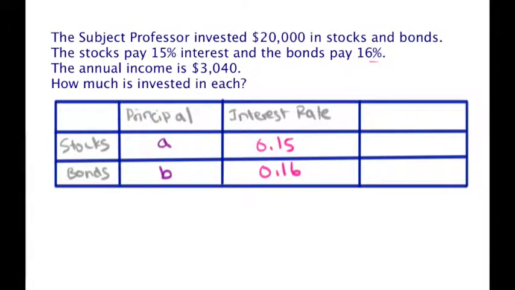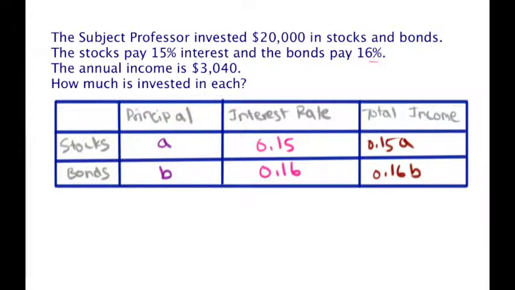And the final column is the total income. The total you get from stocks and the total you get from bonds. So how much do I get from stocks? I get 0.15A. And from the bonds, I get 0.16B.